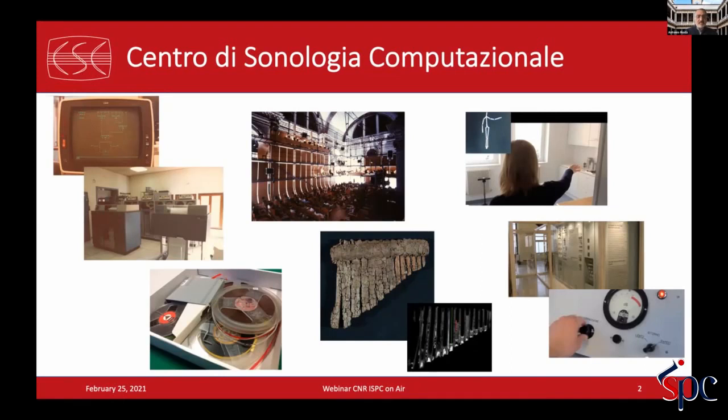And two decades ago, we started being interested in the digitization and enhancement by means of digital technologies of musical cultural heritage, in particular, old analog recordings and more or less ancient musical instruments.